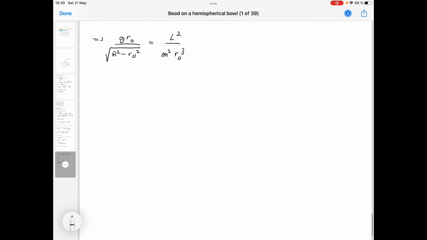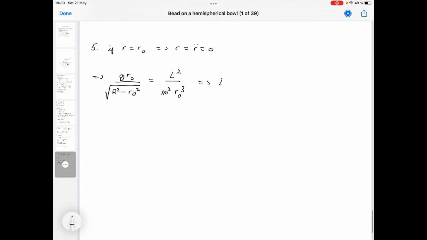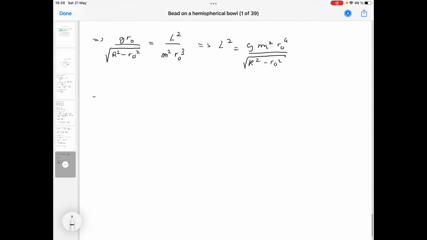So we see that this implies that L squared is just g m squared r0 to the 4 divided by the square root of r squared minus r0 squared, and we just see that m squared v0 squared times r0 squared is equal to g m squared r0 to the 4 over the square root of r squared minus r0 squared.